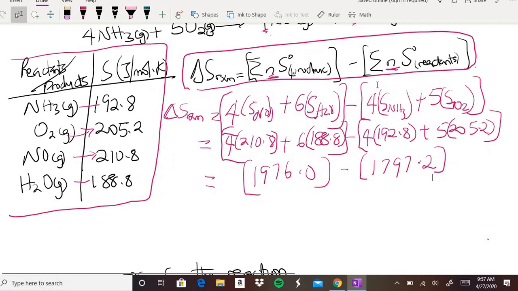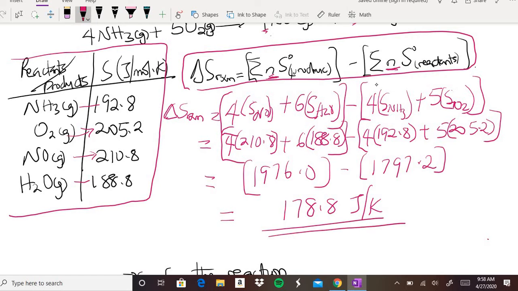We put everything together and it gives us 178.82. So that is our change in entropy of reaction for the given reaction in this problem.